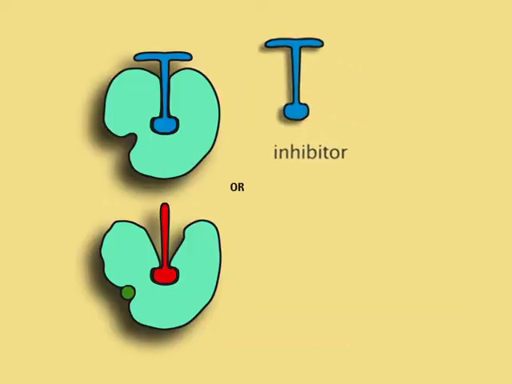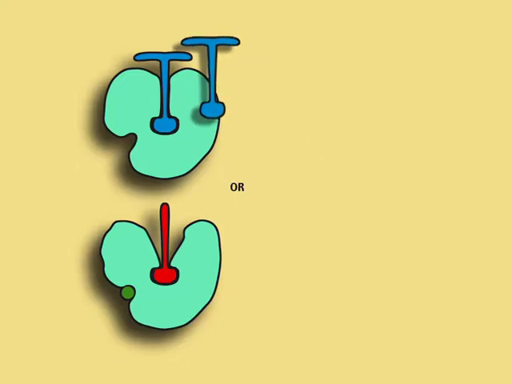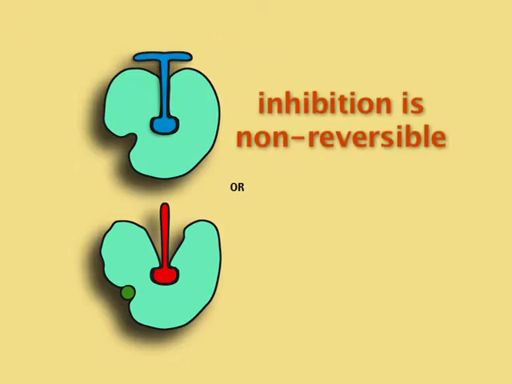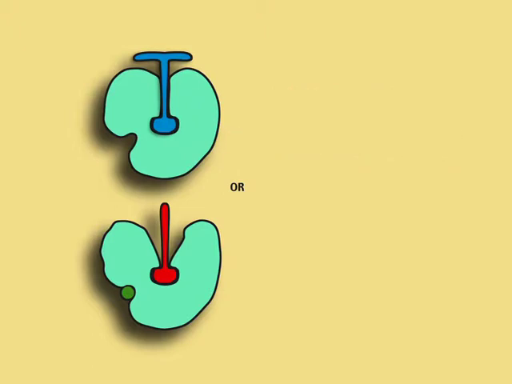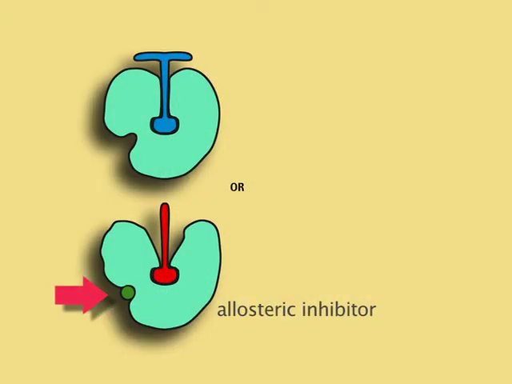If the inhibitor binds permanently to the active site of the enzyme, then the inhibition is non-reversible and is therefore non-competitive as, no matter how much more the concentration of the substrate is increased, the rate of reaction will not speed up again. If the inhibitor binds to another part of the enzyme, an allosteric site, then it may cause the active site to change shape so that the substrate molecule no longer fits.